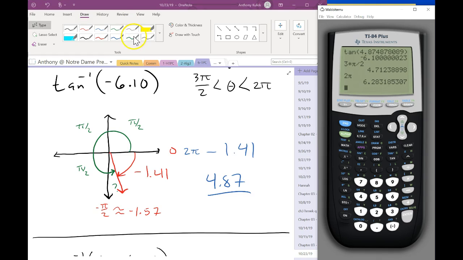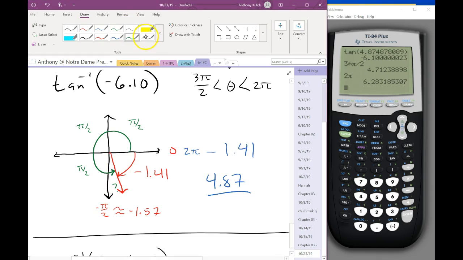So the reason I didn't do that, you certainly could have done that, but you would have also had to figure out what that piece is, which would just be like pi over 2 minus 1.41, which would be fine. You could certainly do it that way, and that's not wrong, but it's the same thing as what we've done here. You'd get the same answer either way.